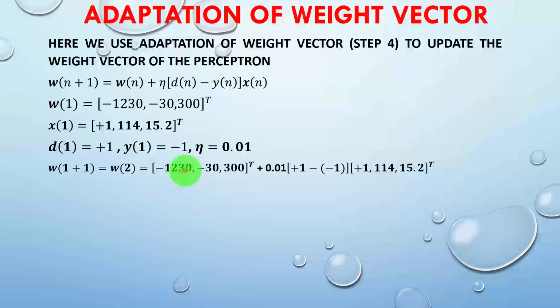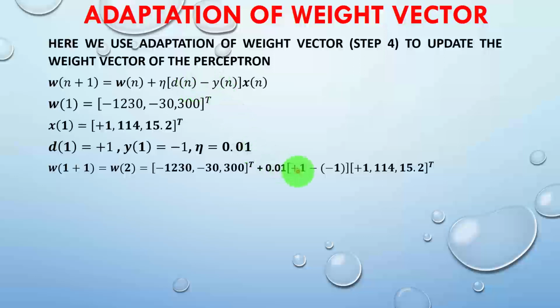So we just simply substitute the values. So this is the weight vector, okay, which you already have from here, and then plus the eta, okay, this is the eta, and then the difference between the desired and the actual.